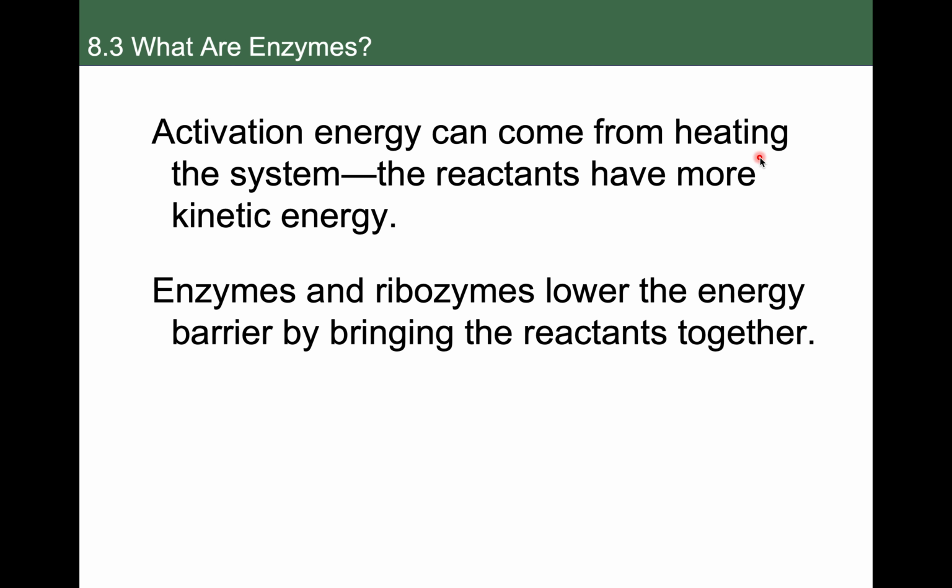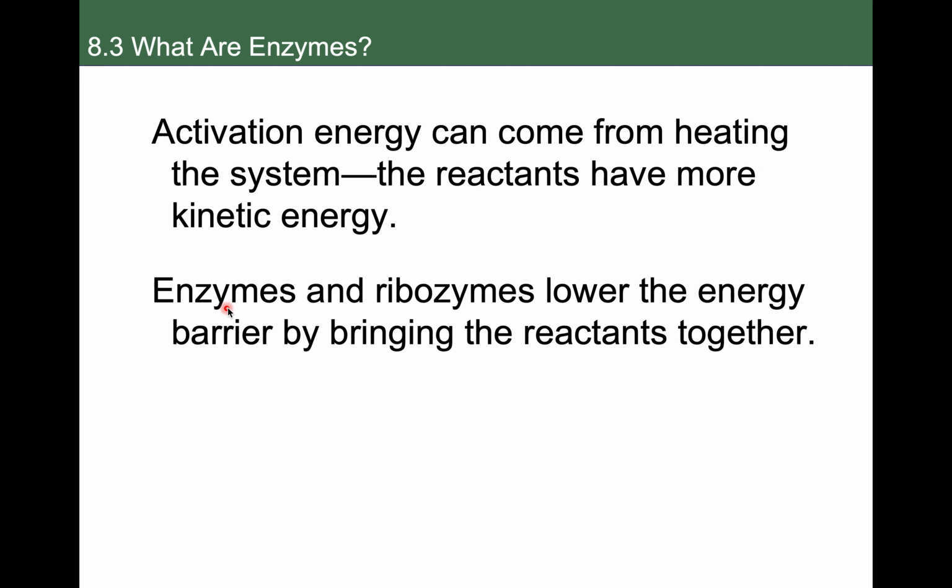But in biological systems, that's not really very tenable, right? We don't want our cells to have to heat up every time we want a particular reaction to occur, and then they cool back down, and then they heat back up again. We want to maintain a pretty steady internal temperature. So heat's kind of off the table. We talked earlier in this chapter about how heat is not a very usable form of energy in biological systems.